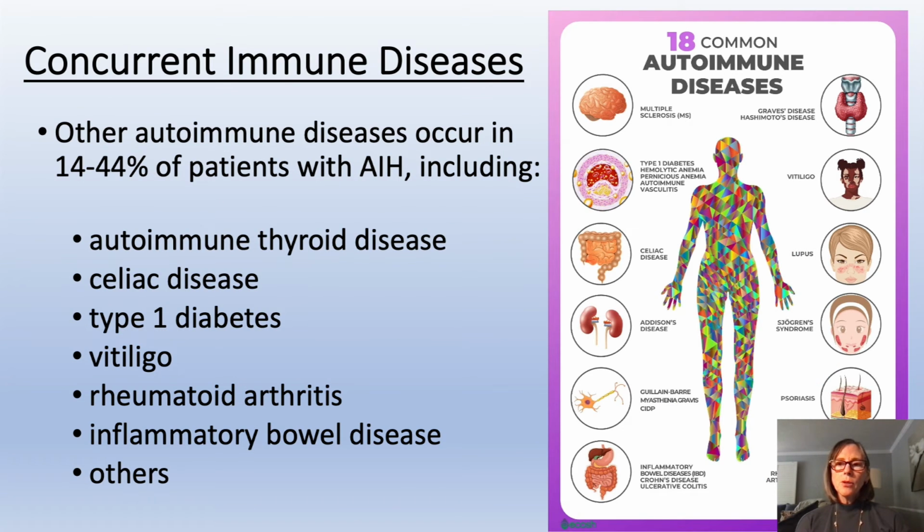Now, people with autoimmune disease, such as autoimmune hepatitis, are at risk for having a second autoimmune disease, such as those shown in the picture on the right. In autoimmune hepatitis, anywhere from 14 to 44% of patients may have another autoimmune disease, such as the ones listed here.